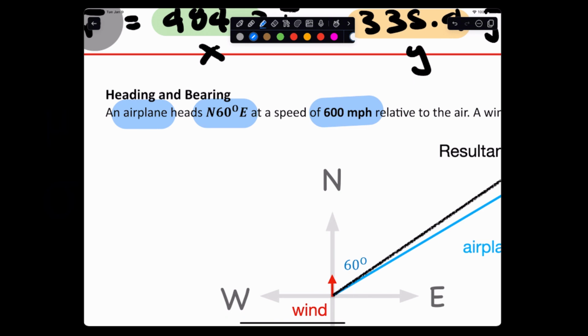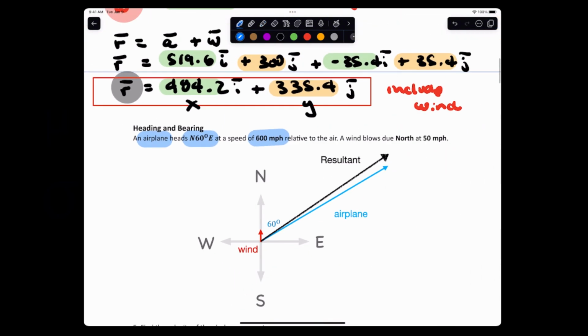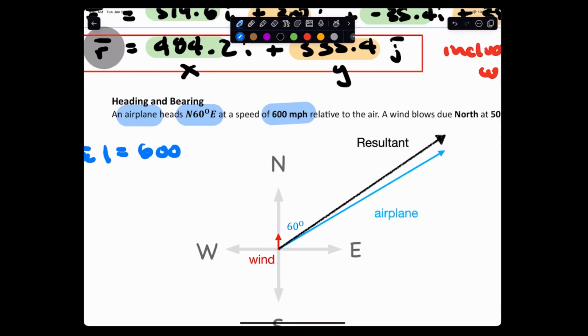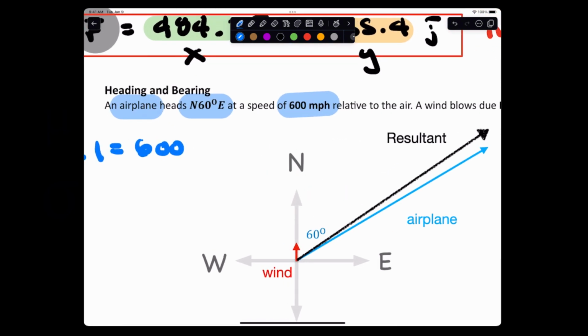All right. So let's write this down. What about the north 60 east? You guys remember? This is this angle here. 60.